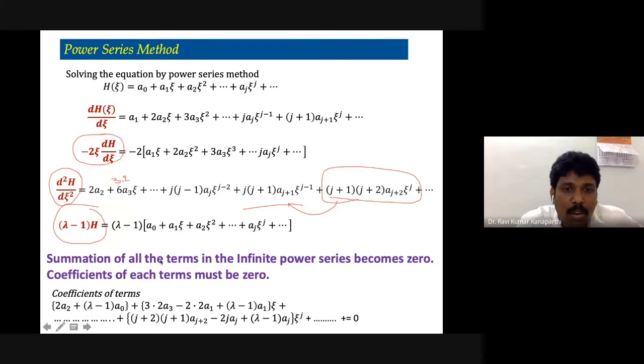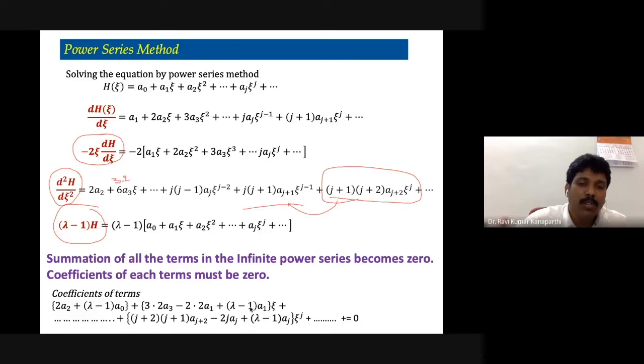So all together I have combined here: 3 multiplied by 2a3 minus 2, there is a 2 over here, I think that has to be taken into consideration, so that has to be written here, 2a1 plus lambda minus 1 multiplied by a1, times z to the power 1. Okay, and similarly the z square term, the coefficient of the z cube, and so on.